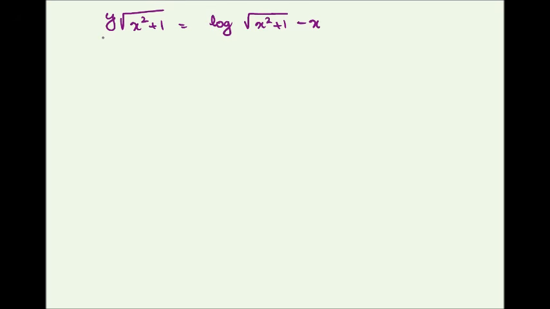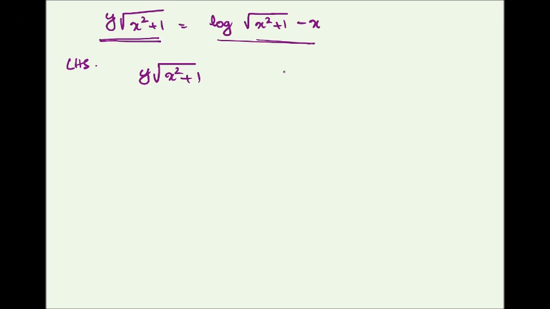Here, we first differentiate the LHS, then differentiate the RHS using the product rule and the chain rule. Then only we get the answer. Be careful. The LHS is y√(x²+1). Here we use the product rule.